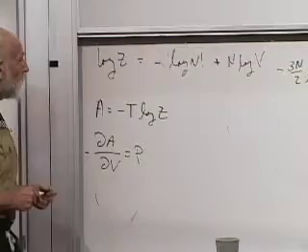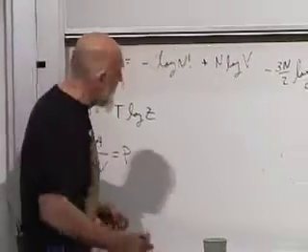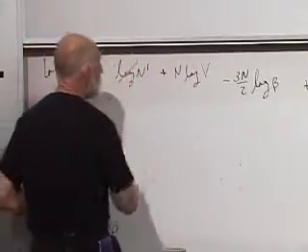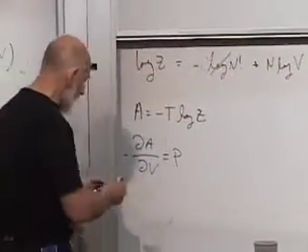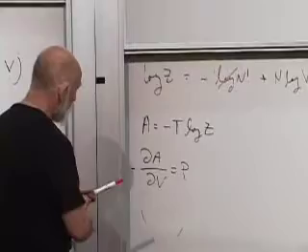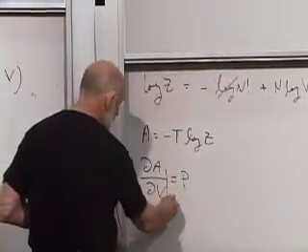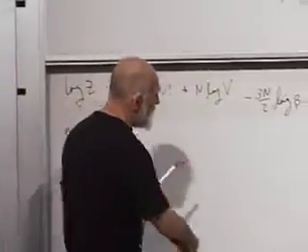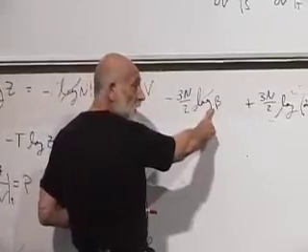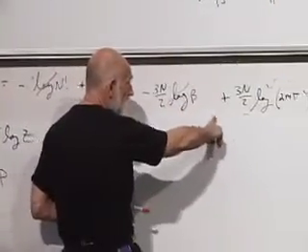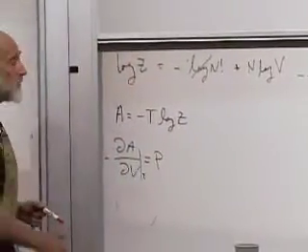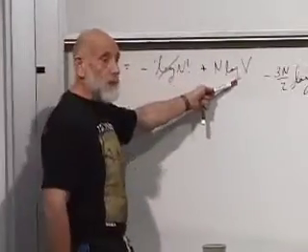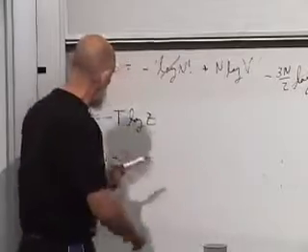We might as well throw away everything else. Remember, this is at fixed temperature, so the temperature is just a constant when I'm differentiating. The only thing which depends on the volume is this volume term. That's how easy it is.